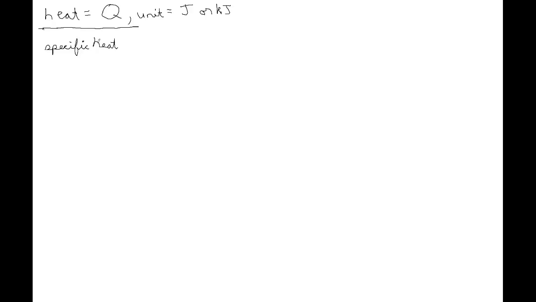Do you remember what the symbol is for specific heat? It's lowercase c. Yeah, lowercase c. That's right. And what units do we usually use for specific heat? Joules per gram.